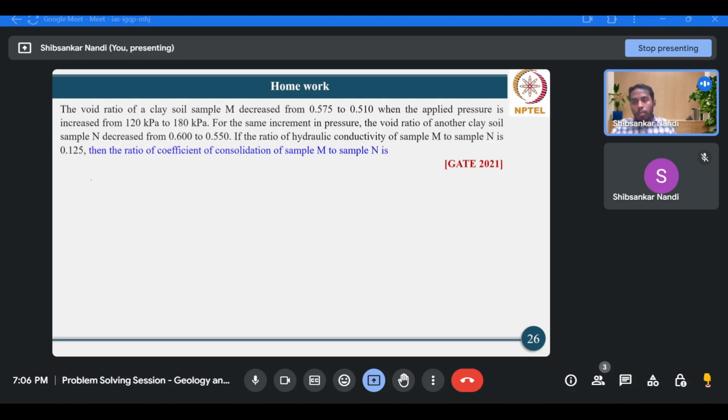Okay, so it's a very simple problem. You just have to know this relationship that CV is K upon MV gamma W. Now, this K is basically coefficient of permeability or hydraulic conductivity. This MV is volume compressibility, and this gamma W is unit weight of water.